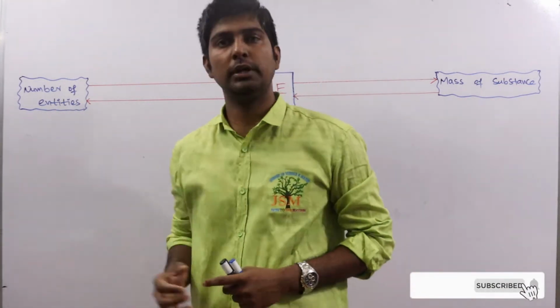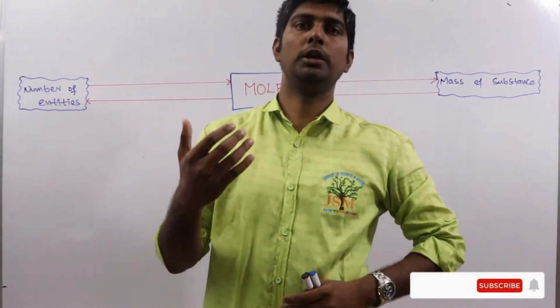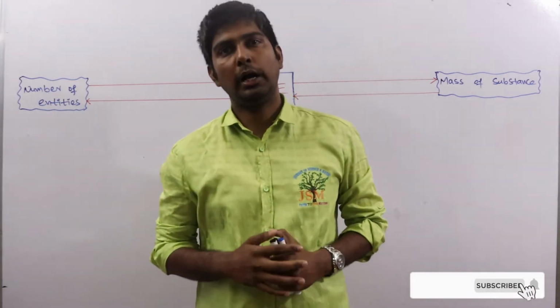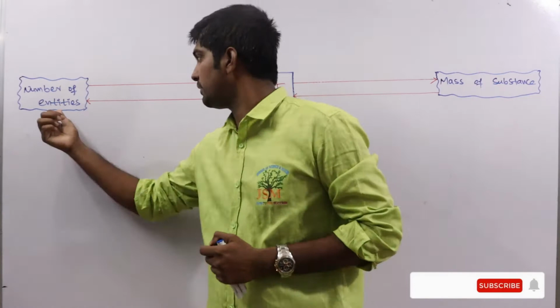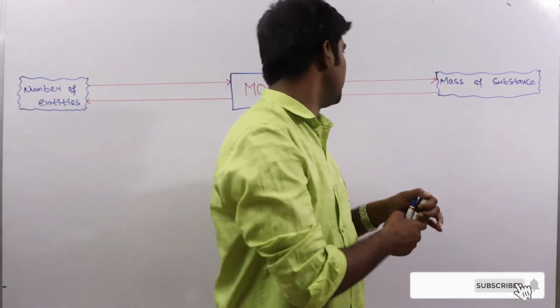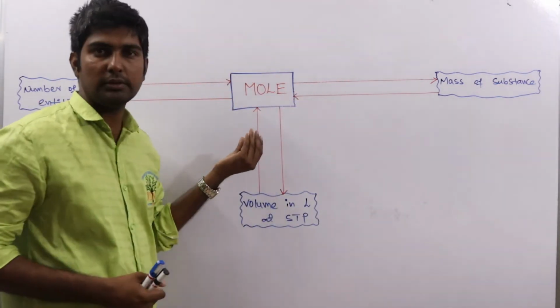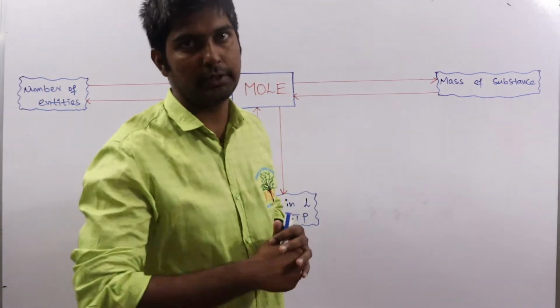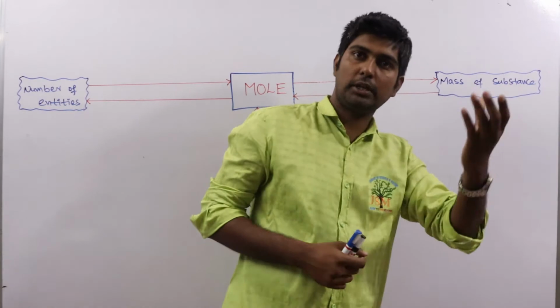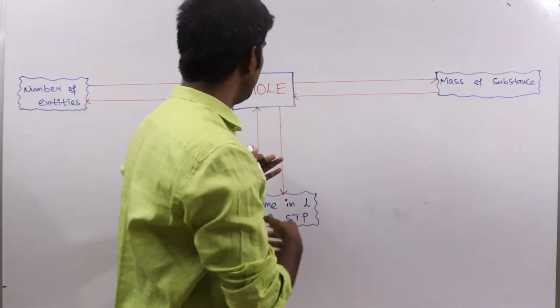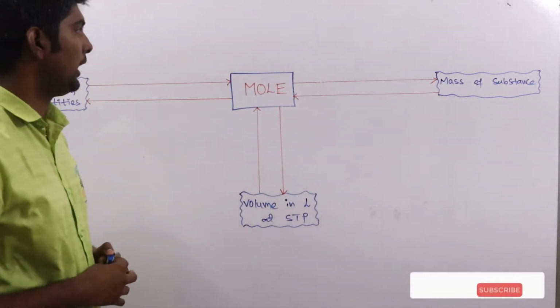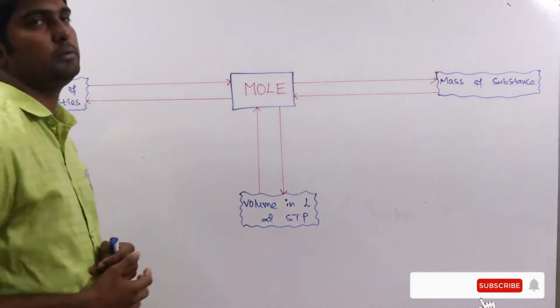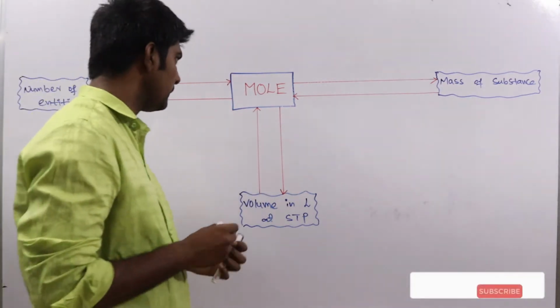Here entities means ions, molecules, particles, atoms, whatever it may be, so that's why we are using the general term entities. And they may give moles of the substance and ask you to find the mass in grams, or they give the mass of the substance and ask you to find how many moles it contains.